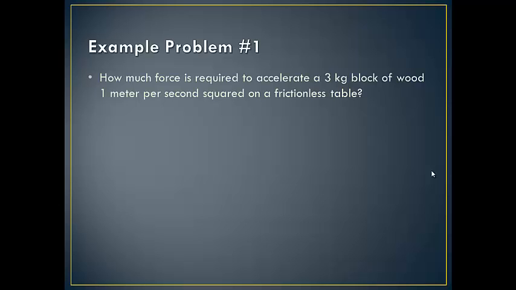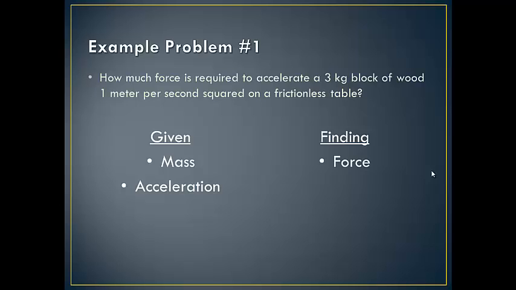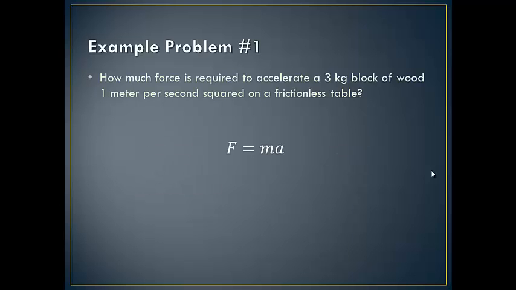In order to solve the problem, we must assess what is given and what we are finding. We are given mass and acceleration, and we are finding force. We know that F = ma, so this is pretty simple.